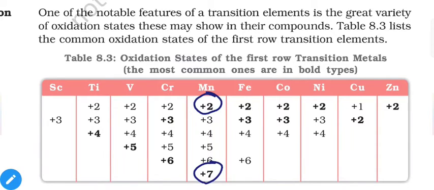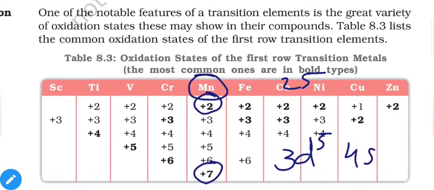Now let's check the oxidation states and the electronic configuration of Mn in the first and last, +2 and +7. We know that Mn is number 25, and its outermost electronic configuration is 3d5 4s2. When it releases the 2 electrons present in the s orbital, you get a d5 electronic configuration.